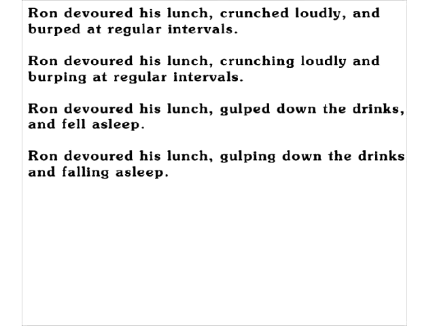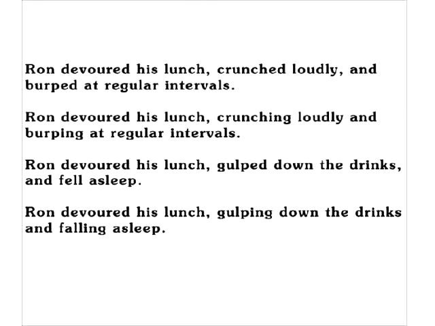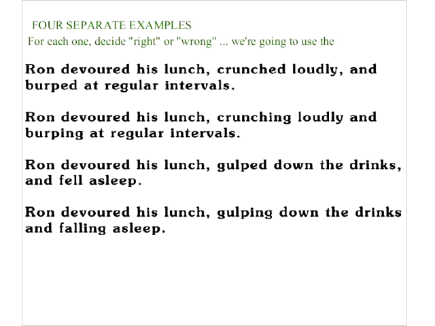So here are 4 sentences. What we're going to do with each one of these sentences is the following. This is not 4 multiple choices. This is 4 separate sentences. For each one of these, decide right or wrong. And then we're going to use the check or X indicators in a second here.